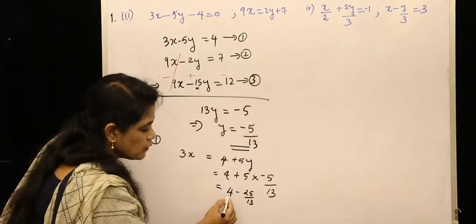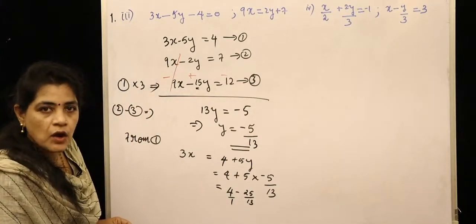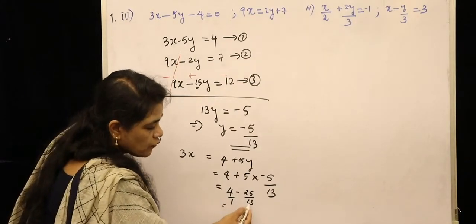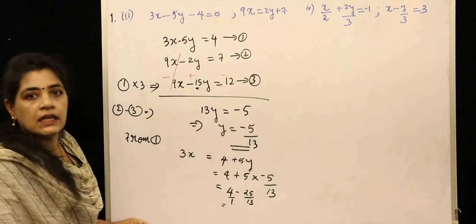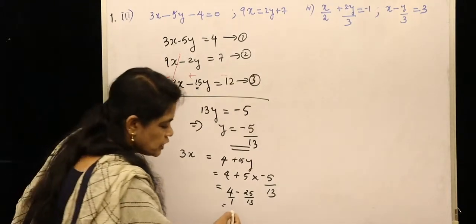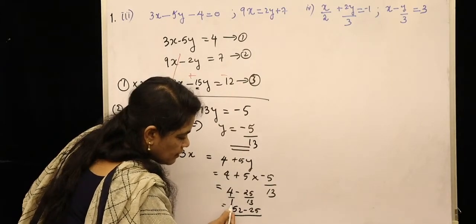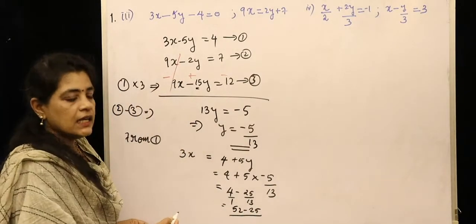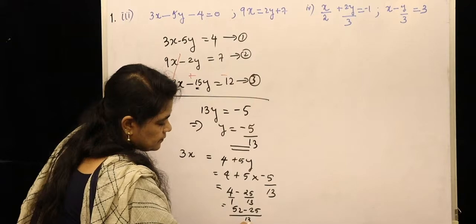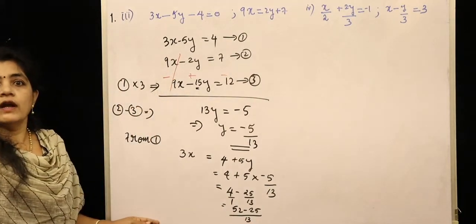As usual, you can do the cross multiplication. So you will get 4 into 13, that is 52, minus 25, divided by 13. So what do we have now?